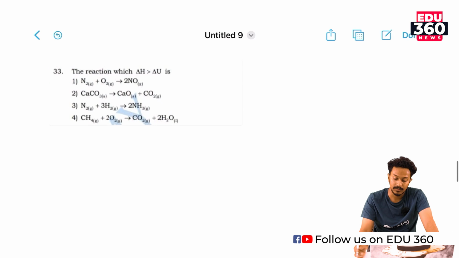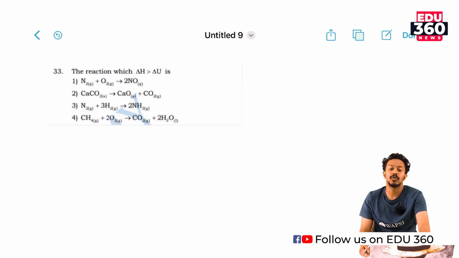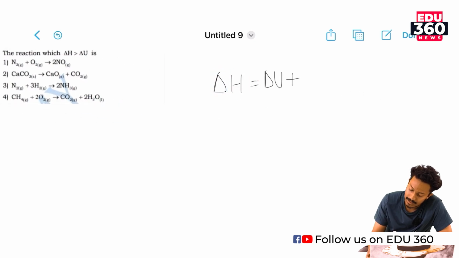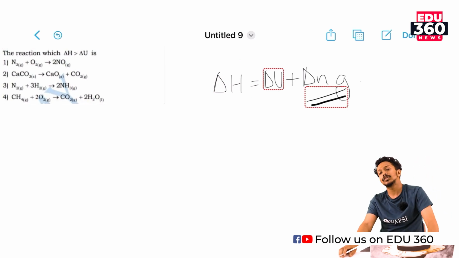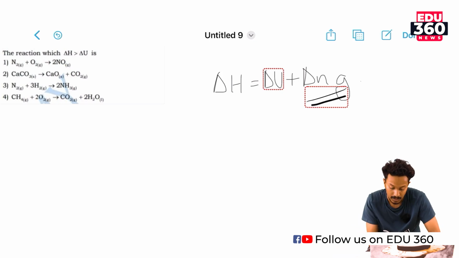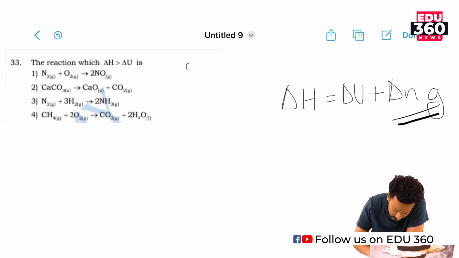Moving on to our next question. The reaction in which delta H is greater than delta U, change in internal energy, is. We do know that according to thermodynamics, delta H is equal to delta U plus delta Ng RT. This delta Ng is the change in moles of gaseous reactants and products. That is what we are explaining here. So in our first reaction there are 2 moles of reactants and 2 moles of products.